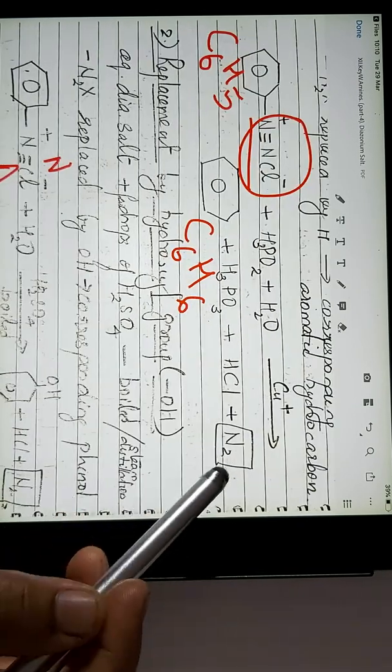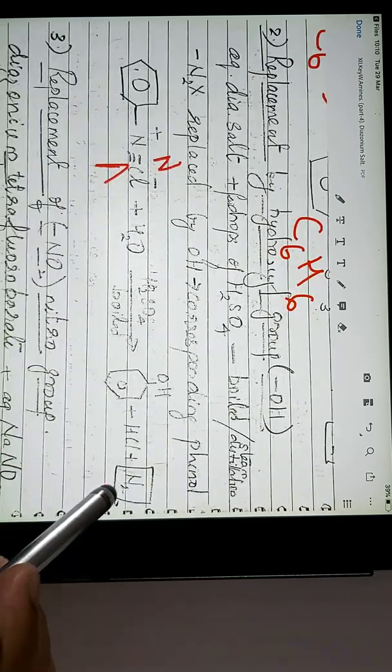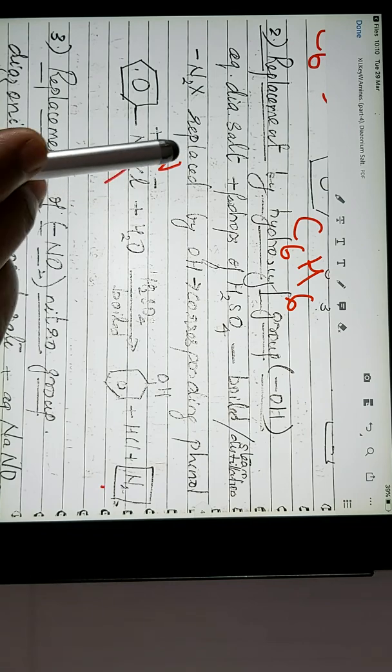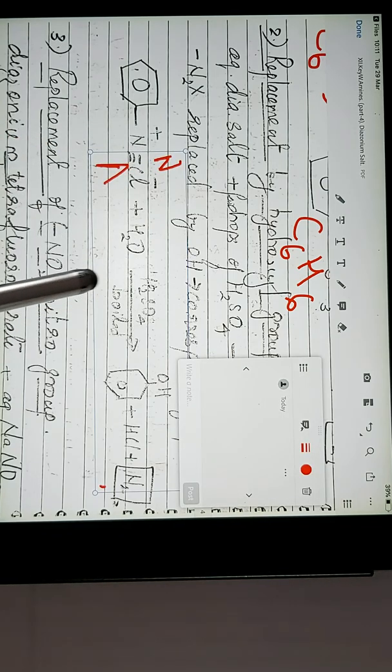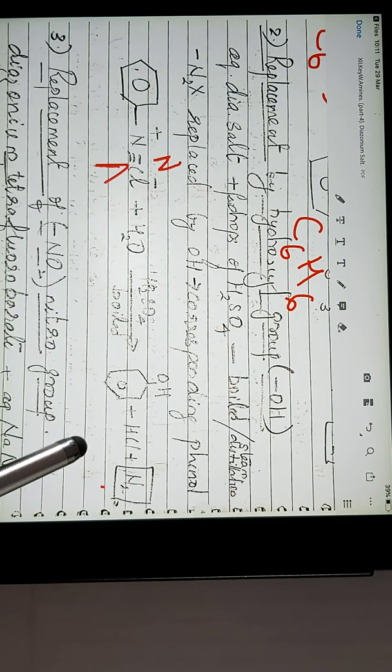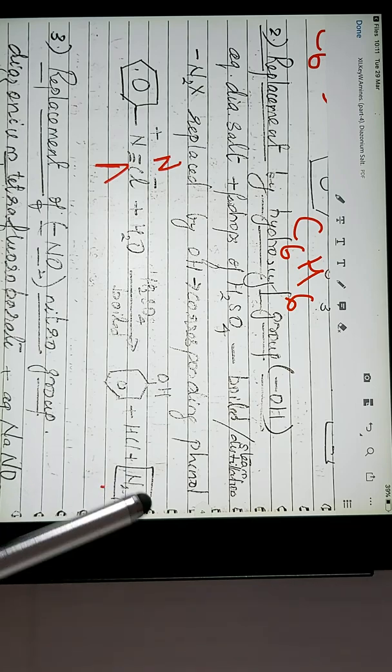Here also you can see nitrogen released. The diazonium salt in the structure, please note, is N triple bond N Cl in aqueous medium. It is treated with sulfuric acid and boiled to give phenol as the product. So that was replacement of the diazo unit with the hydroxyl group.